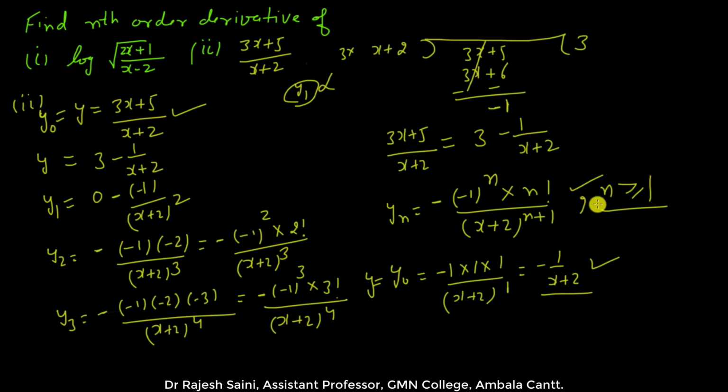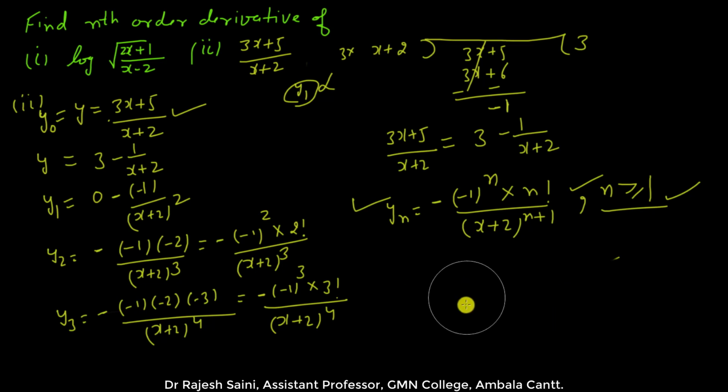I particularly mention this because when I put n equals 0, I should have obtained (3x plus 5) divided by (x plus 2), but instead I have obtained minus 1 by (x plus 2), and it is not the true picture. So this will be the nth order derivative, where the value of n is greater than or equal to 1.